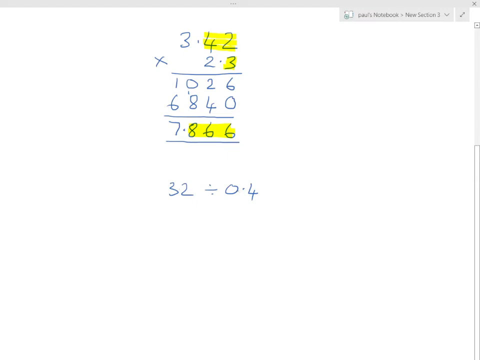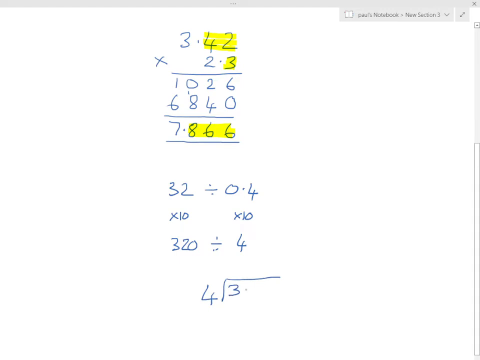So what we've got to do is get rid of the decimal point, and the way to do that is to multiply that number by 10, which gives us 4. Now, if we multiply that by 10, we also must multiply that by 10, which gives us 320. So now we've got 320 divided by 4, which should be okay.